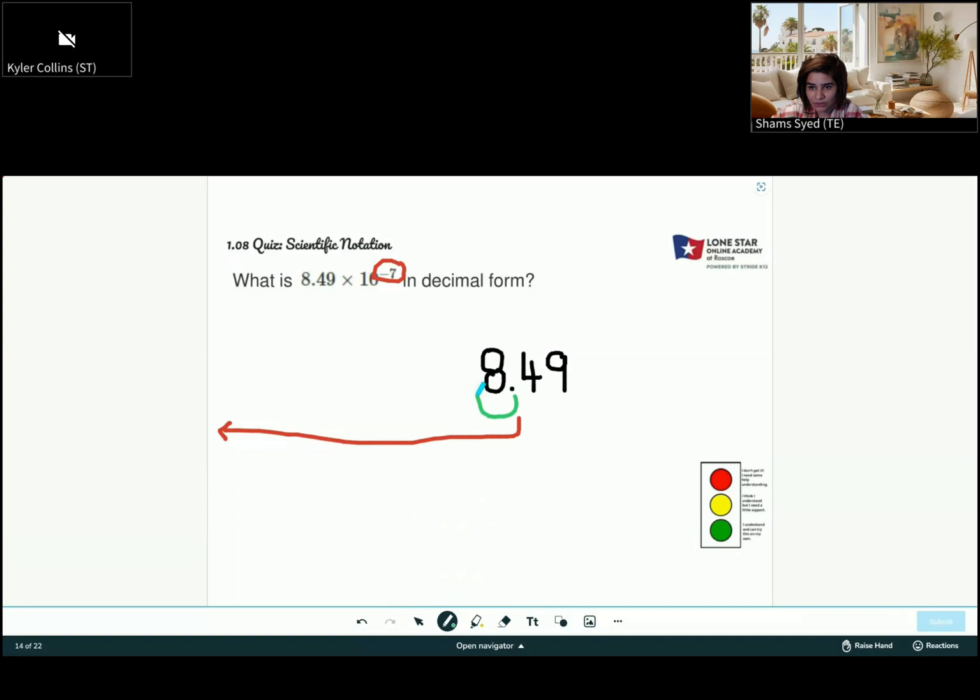This is 1, 2, 3, 4, 5, 6, and here is 7. That's where the decimal should go. Fill in the other spaces with zeros, and we will write in the numbers to see how the new number will look like.